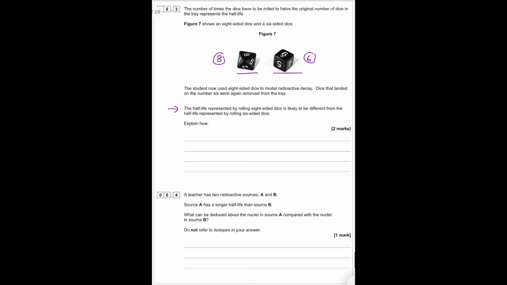So the 8-sided die has a 1 in 8 chance of decay, whereas the 6-sided dice has a 1 in 6 chance of decay.